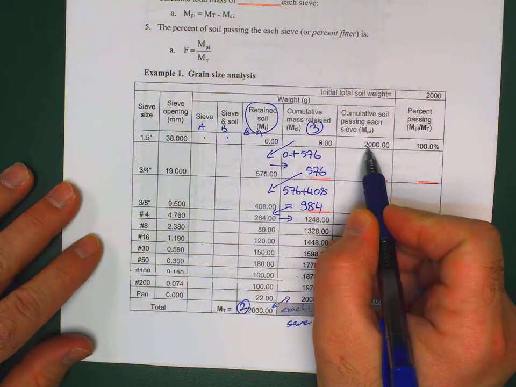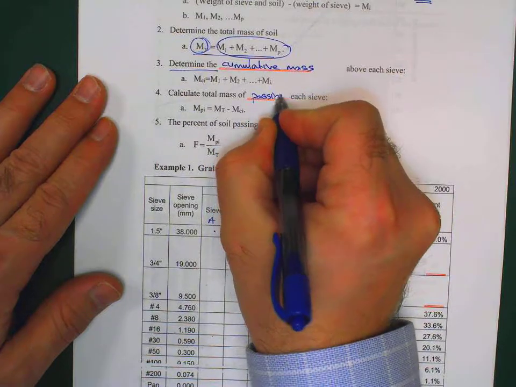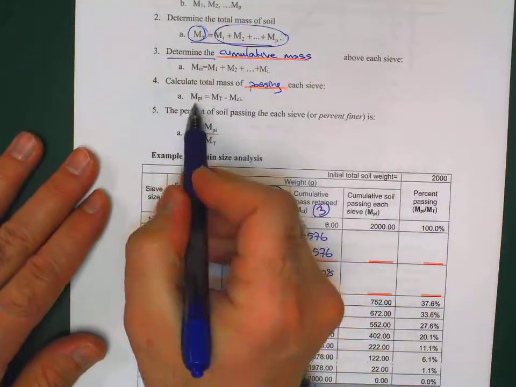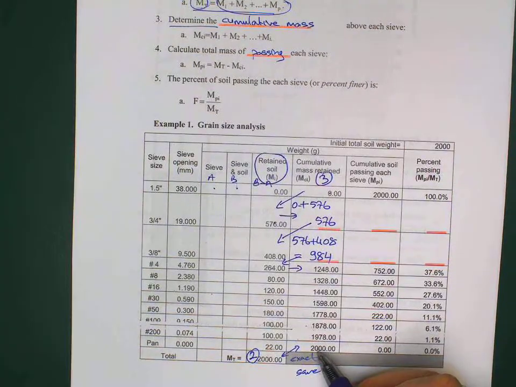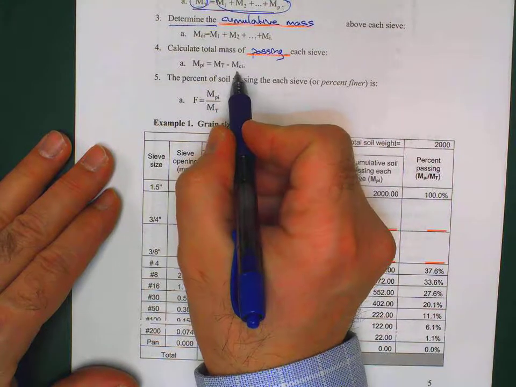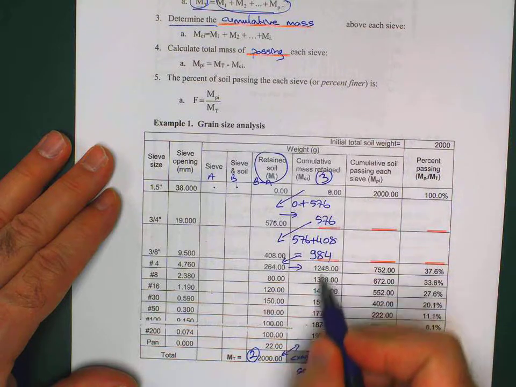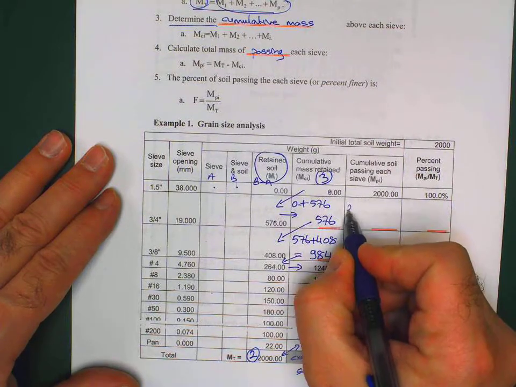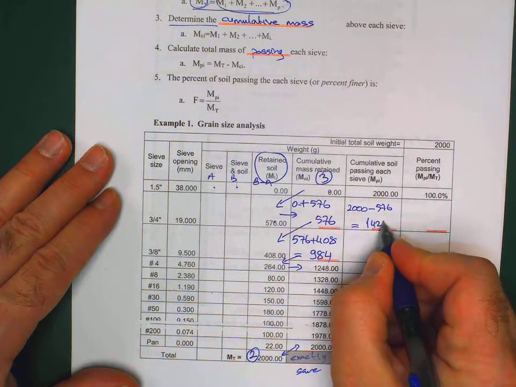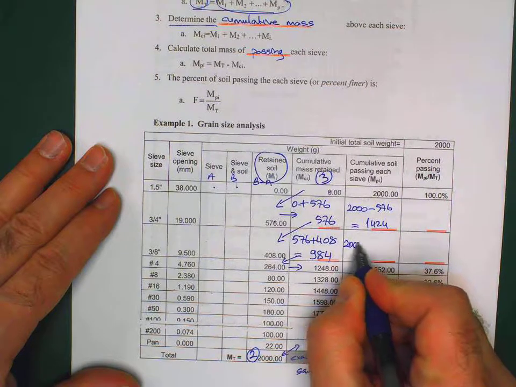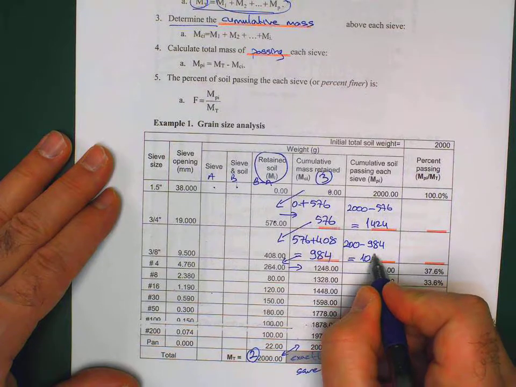So now let's look at step number 4. Now we calculate the total mass passing each sieve. So M_P,i is defined as the total mass, which is here 2000 in this particular case, minus the cumulative mass, which is essentially this column right here, M_C,i. So here, 2000 minus 576 is going to give you 1424. 2000 minus 984 is going to give you 1016.